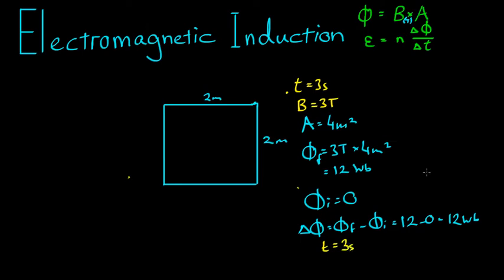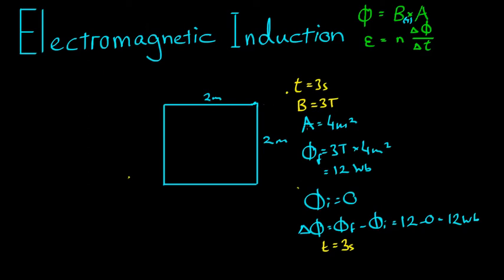An instantaneous change in flux. I'm not sure if that's even possible. I mean, a very large instantaneous change in flux. It's a bit like acceleration or change in velocity. You know, to change velocity, you need a little bit of time to do it in. So we've got 3 seconds over which this happened.